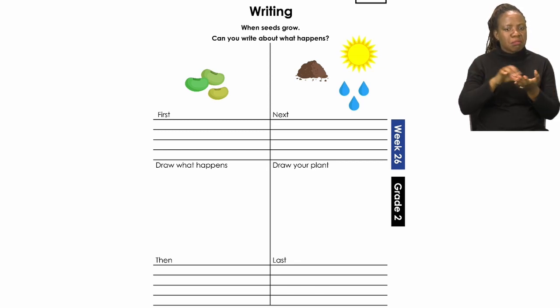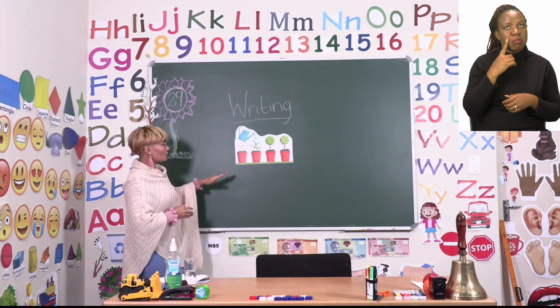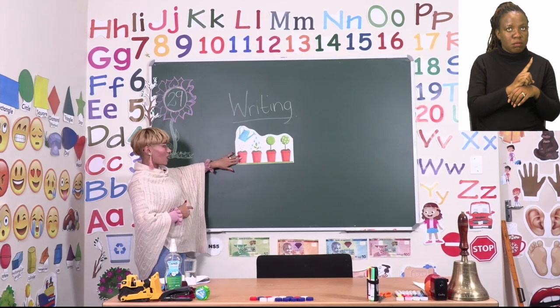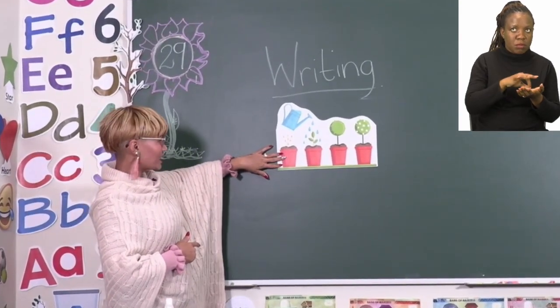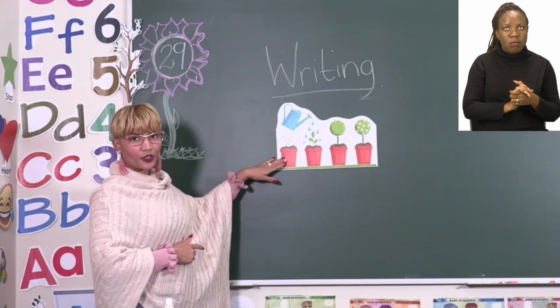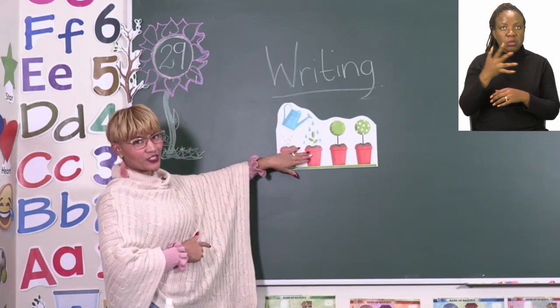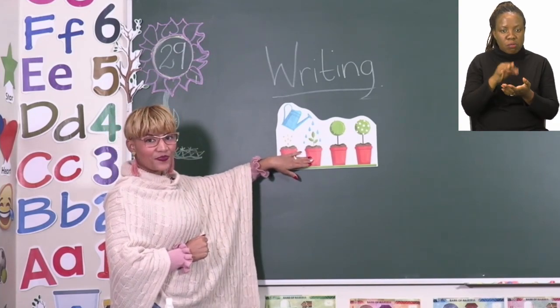Now on the board I have a little picture that I want you to have a look at. Now you will see in the first part of this picture, the seeds are sown or planted. Right. And after you plant your seeds, you have to water the plant or the seeds to make sure that it grows.